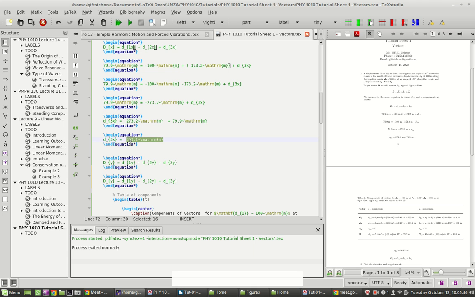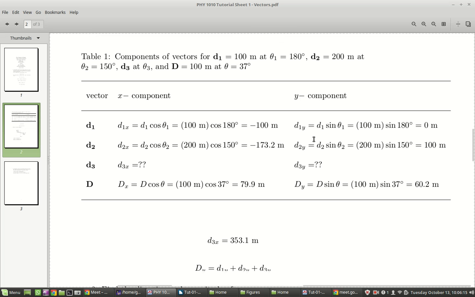Then d1y, I will check that on the table. d1y is 0 meters.